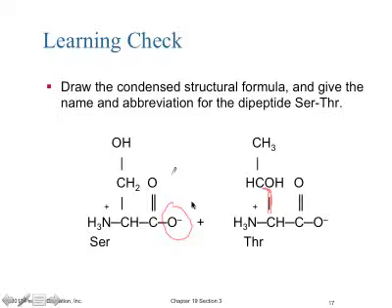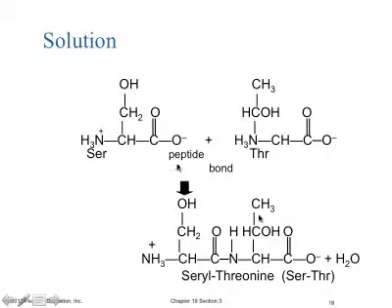We put them together, and the dipeptide would be written like this with the three-letter abbreviations: Ser-Thr. No change on the amino acid all the way to the right. So, peptide bond, amide bond, there it is. There's our amide bond.